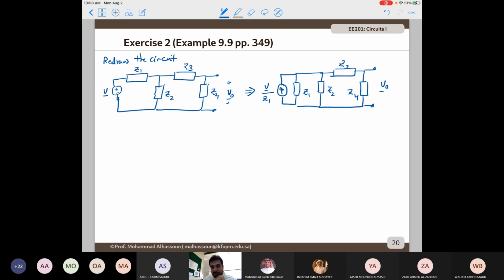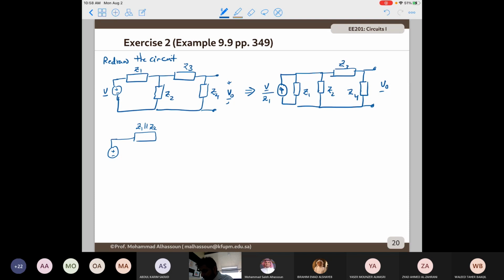Then from chapter 4, you know that you will have a current source in parallel with an impedance, in chapter 4 a resistor, but in this case an impedance. So you can also convert it back to a voltage source in series with the impedance. If you do this conversion without deep diving into details, you will have Z1 in parallel with Z2.